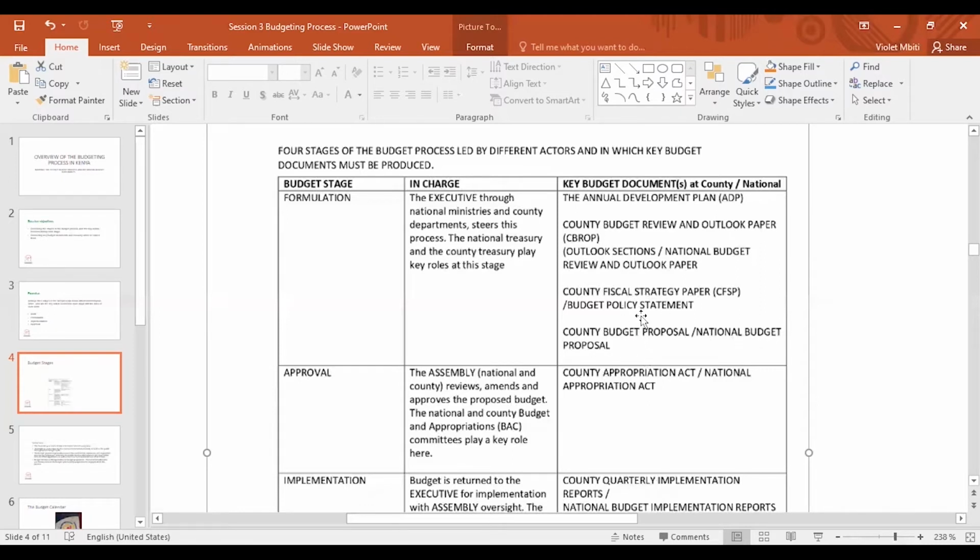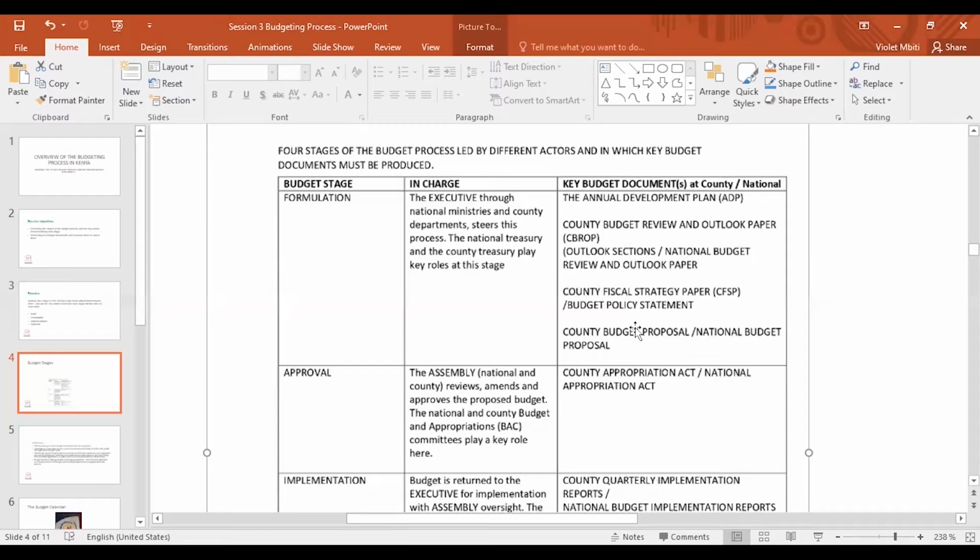Now you find that they have given the allocation that is going to be in a particular document. Okay, so they have given allocation for maybe a particular department.